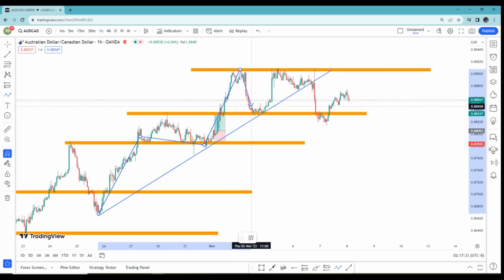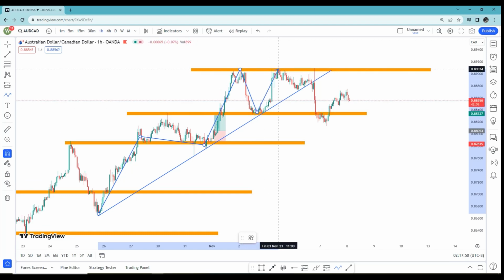and gave us another higher low. As you can see, guys, it's been moving in higher lows, but it was always coming back to the zone, and then it gave us another high but couldn't break this zone right here.